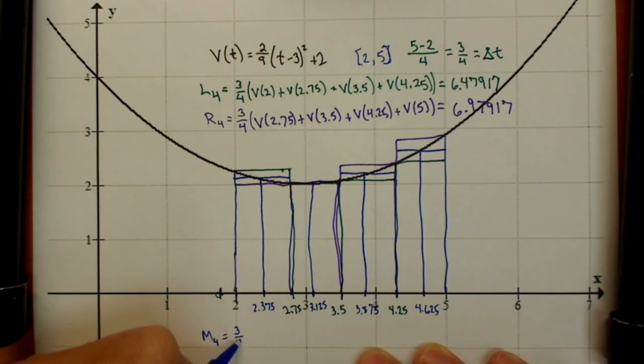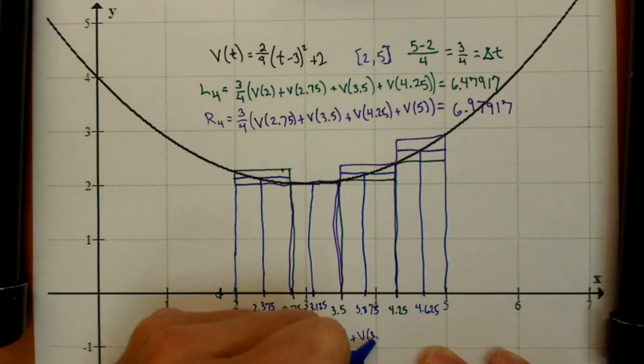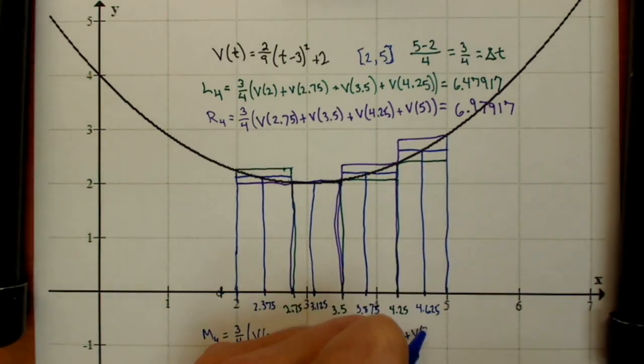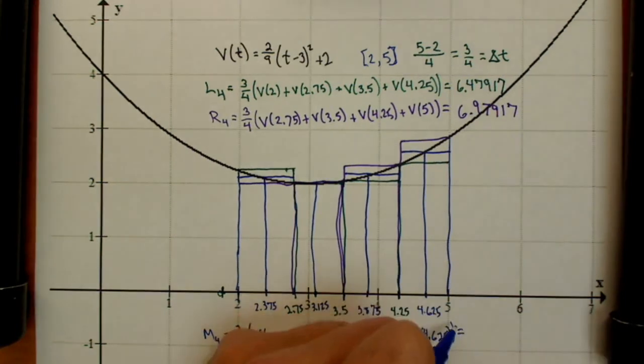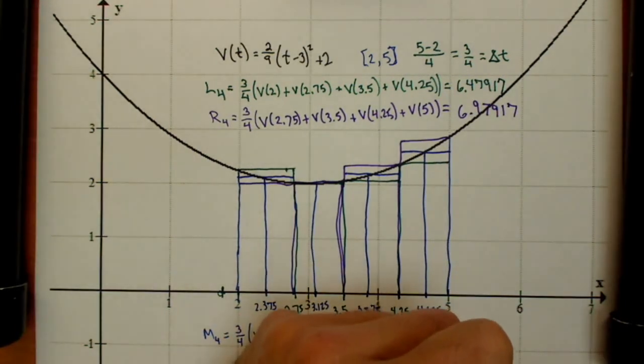It's still 3/4 for our delta t, but v is going to be calculated at the midpoint of each interval. So it's good that we found them in the last step, and we're going to sum those up to get 6.63542.